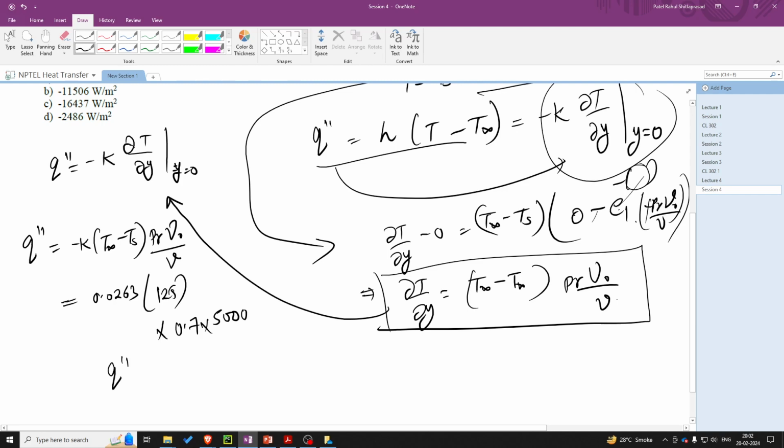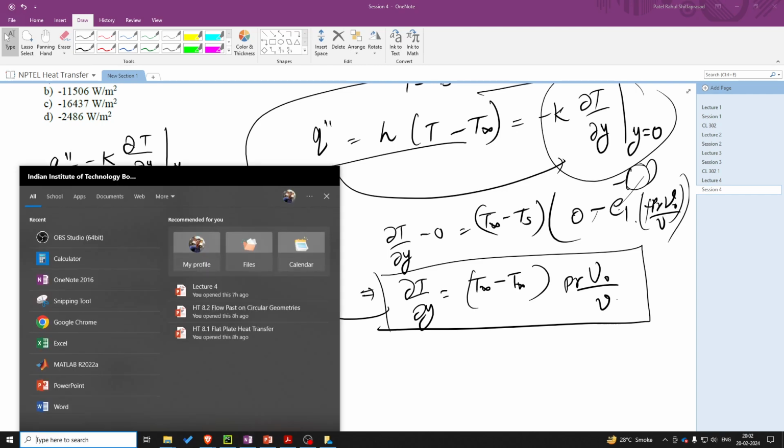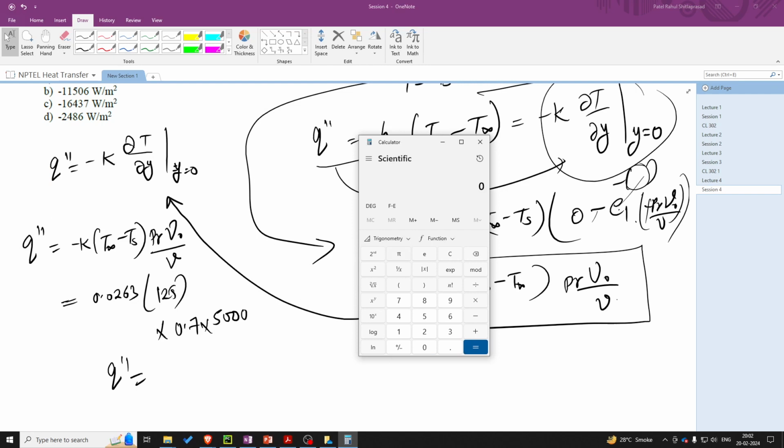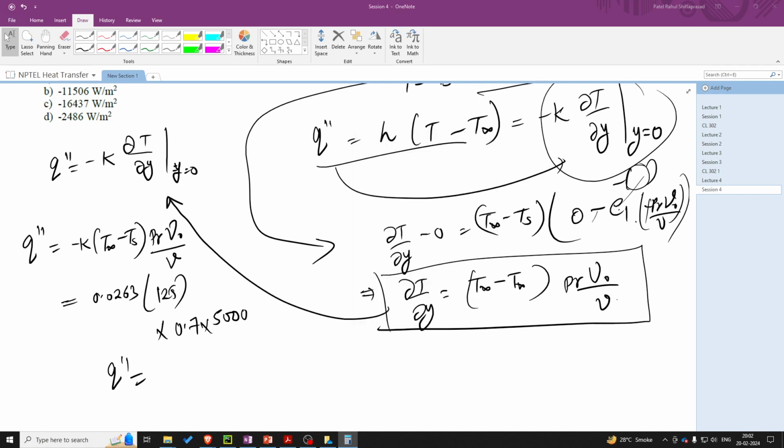You can try solving this and you will get an answer from 0.0263 into 125 into 0.7 into 5,000. It will come around 11506. So over here we have minus 11506.